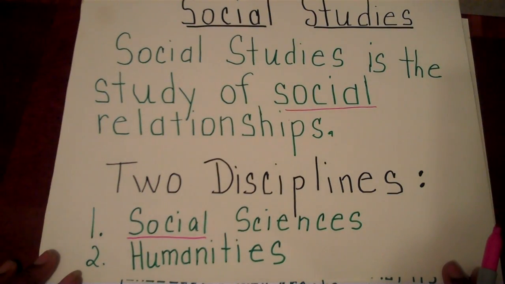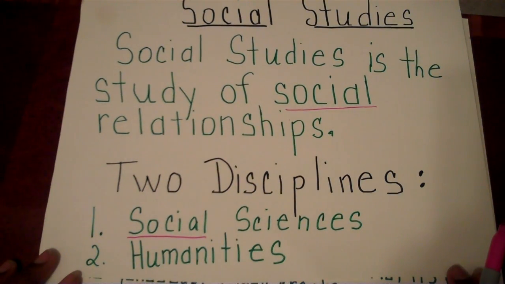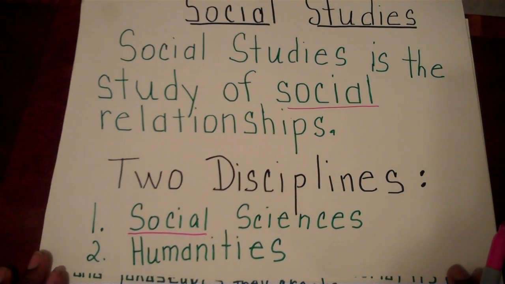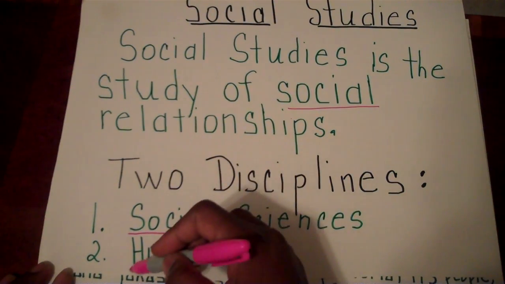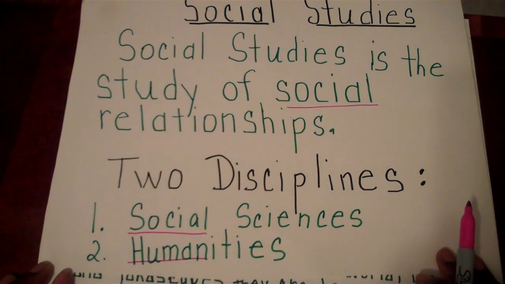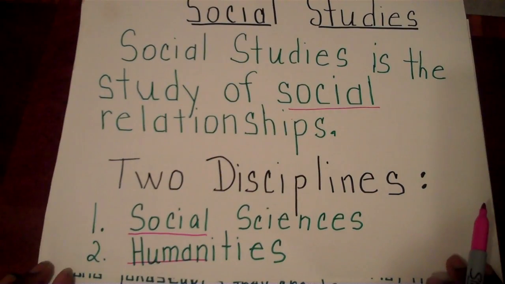If someone ever refers to you as being social, that means that you like to interact with other people. When we're talking about the word humanities, we're simply talking about people. We're not talking about dealing with animals. We're not talking about dealing with objects. We're dealing with people. The word human, which is a root word in humanities, will help you remember that.